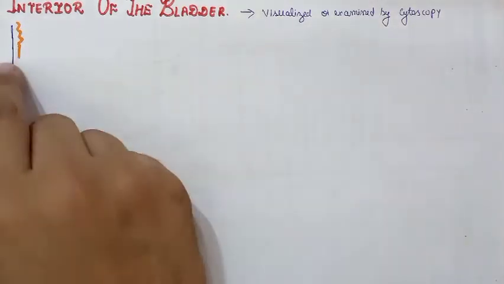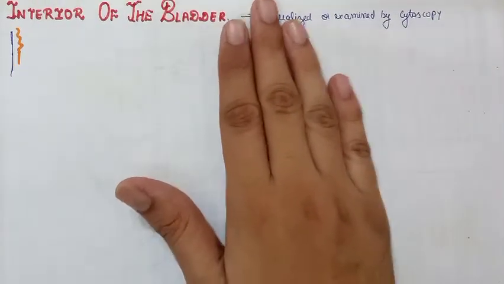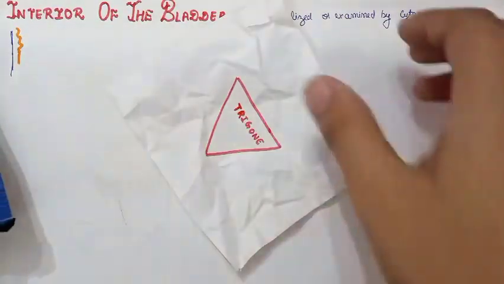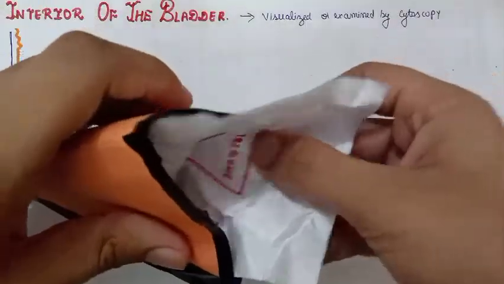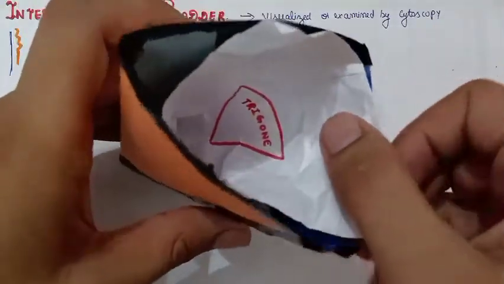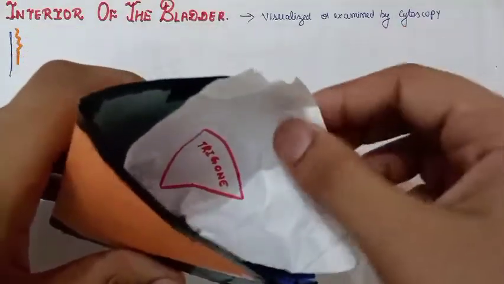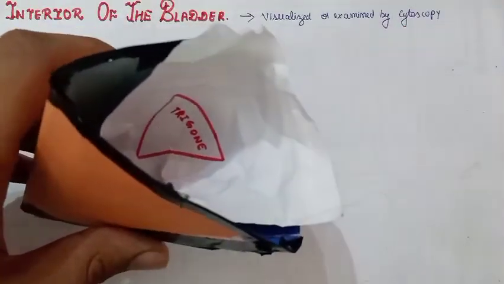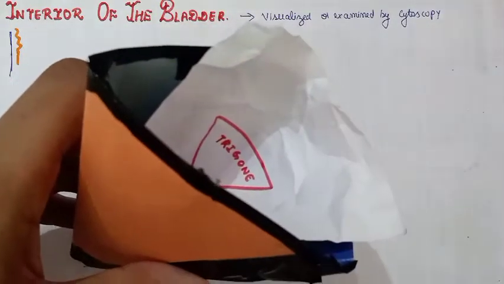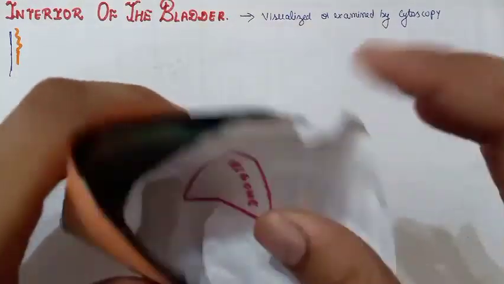Just imagine the blue line here denotes the muscular coat, and above that we have the posterior aspect of the bladder. Now you can imagine where the trigone is present, on the inferior aspect of the base of the bladder, and this is the mucosa. The mucosa is not firmly adherent and shows folds in all parts except at the trigone, in which both layers are firmly adherent.